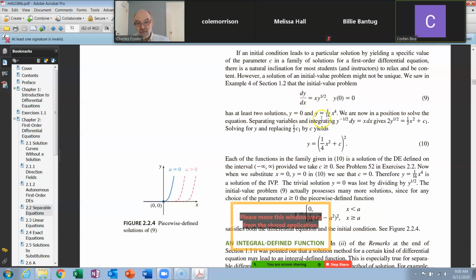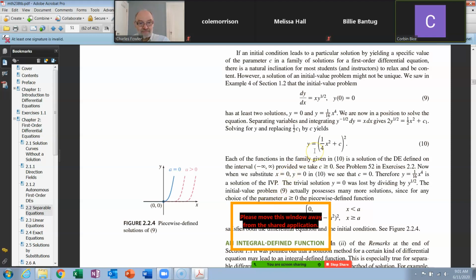But we also saw that y is equal to 1/16 x to the 4th. And that also, when x equals 0, y is equal to 0. So both of those work, okay? But they're two different solutions. Now this is maybe a slightly different problem here, but one solution would have been that quartic solution that does like this. The other is the line y is equal to 0. And they sort of show something similar to that here.